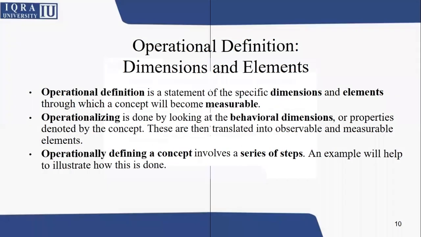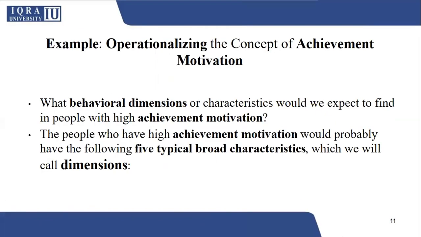See the example? The example is operationalizing the concept of achievement motivation. The concept here is achievement motivation. Now we want to operationalize this concept. Now please pay attention. This is a very important thing to understand. What behavioral dimensions or characteristics would we expect to find in people with high achievement motivation?